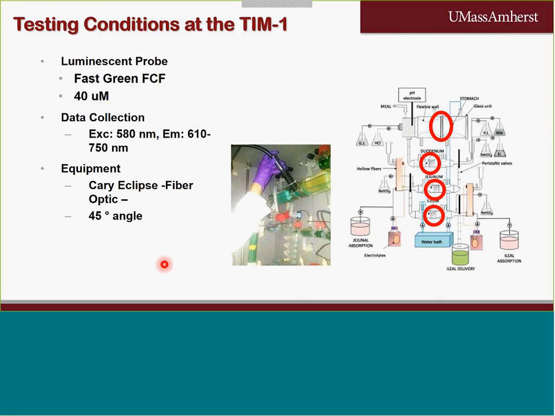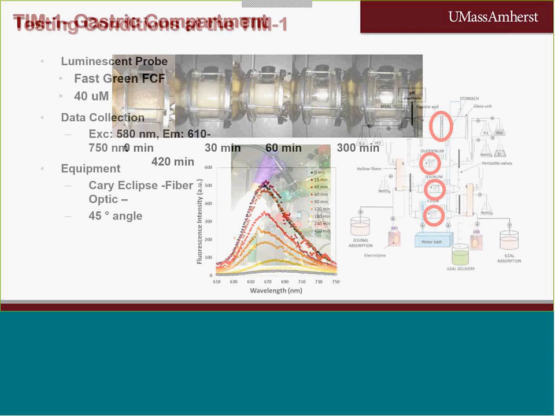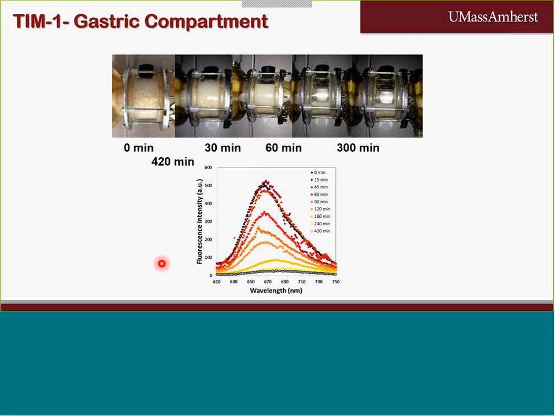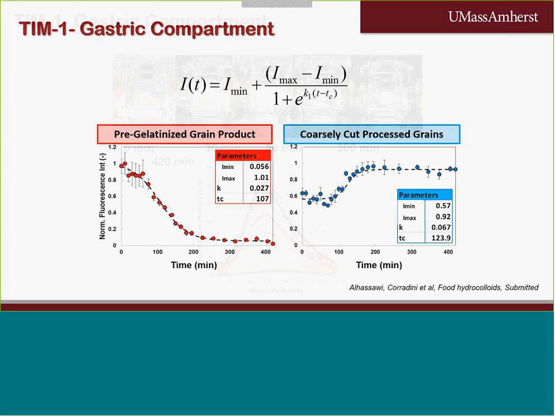In terms of the results, we followed digestion through time and could see how the fluorescence intensity diminishes as the digestion of the sample proceeds. What's interesting is that we compared two grain products, a pre-gelatinized one and a coarsely cut processed grain.